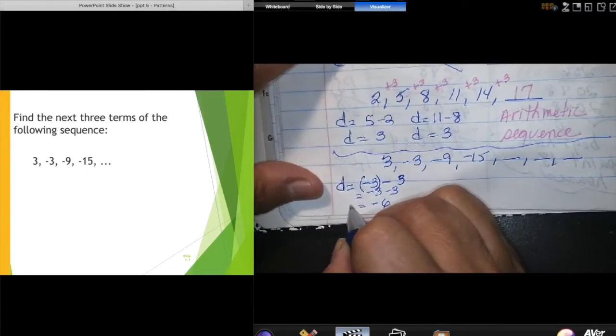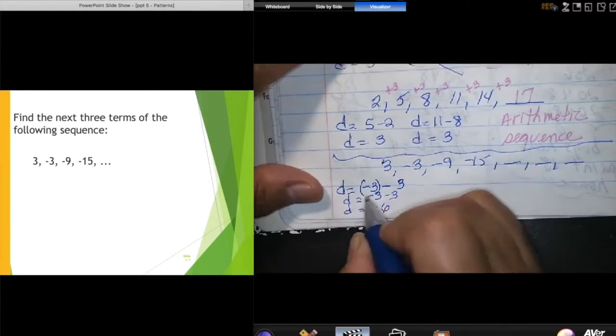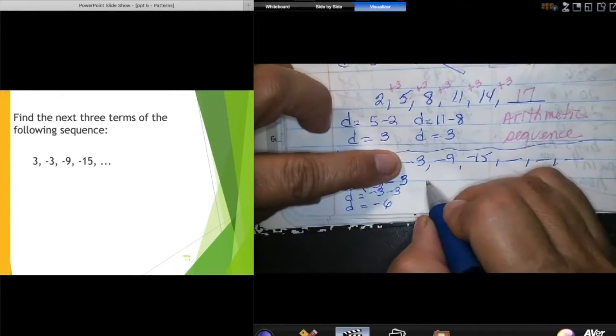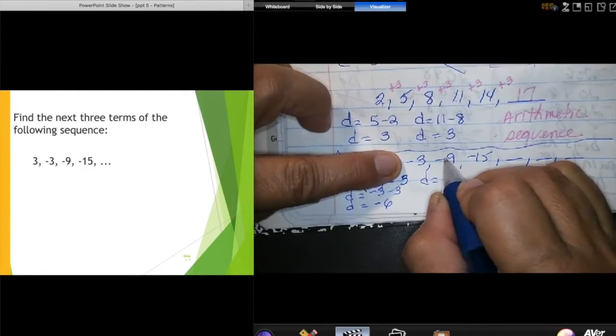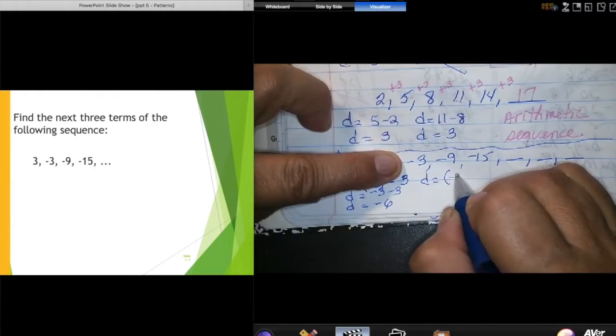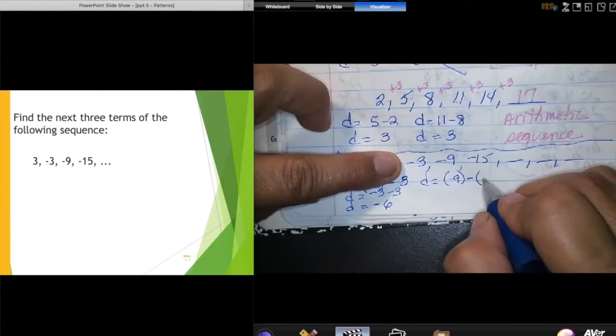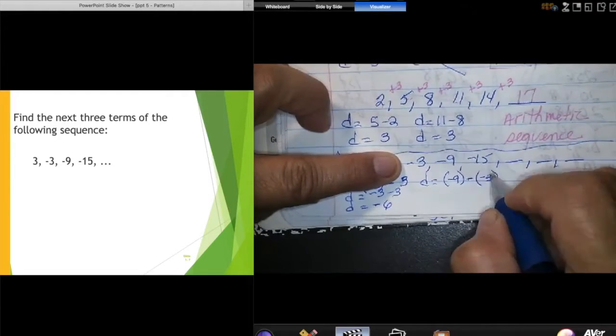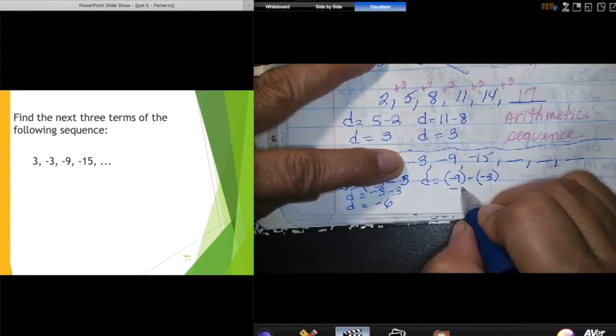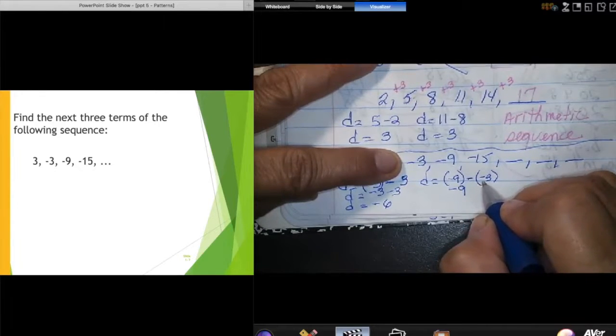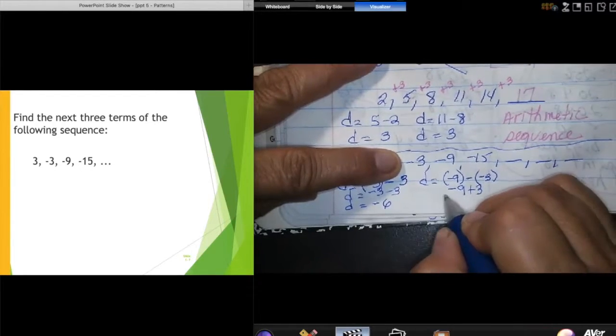Let's see if that pattern holds. I'm going to grab the next 2 numbers. I have -9 minus -3. Negative times negative is positive.